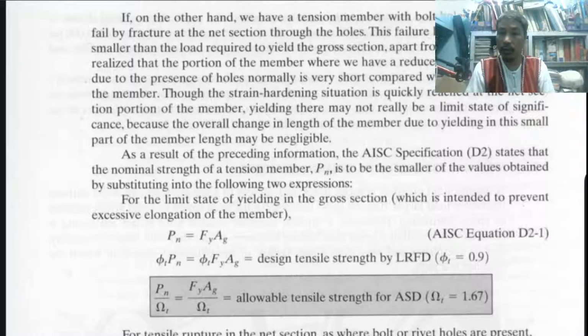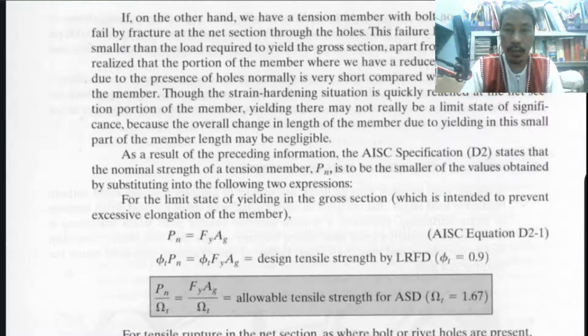It could fail on that particular area, because if you compare the areas, those with holes are the weakest point. Those are the weakest area. So that's why those bolt holes must be designed. There is a design on bolt holes. And this failure load may very well be smaller than the load required to yield the gross section.